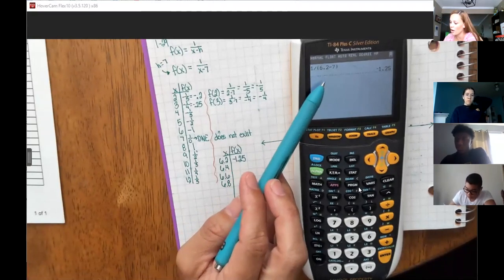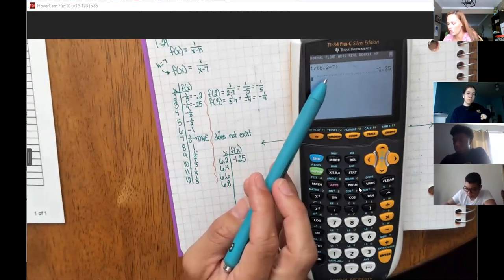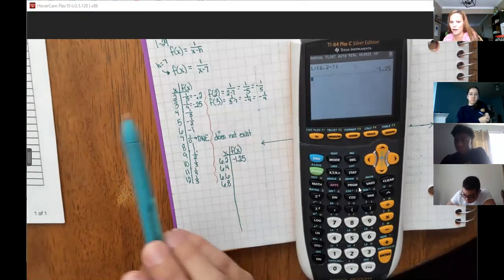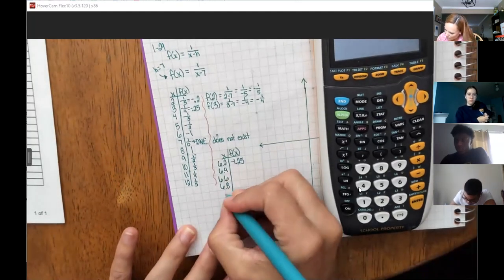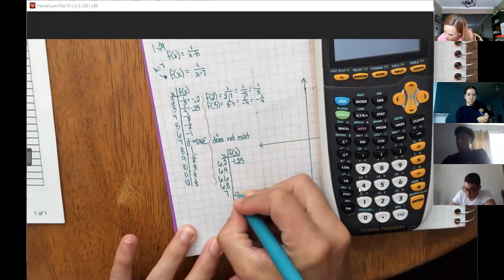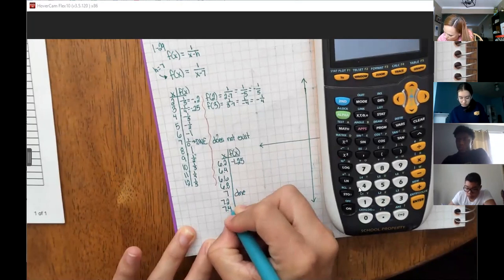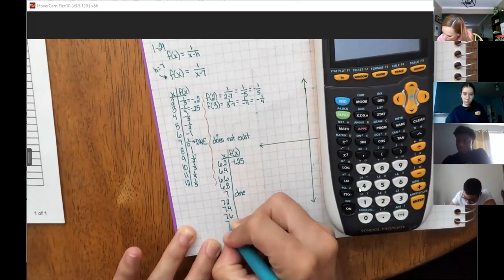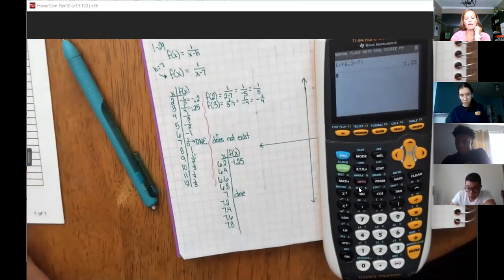I could have done the denominator separately: 6.2 minus 7 is negative 0.8, and then 1 divided by negative 0.8. But we already know 7 does not exist. So go ahead, try to finish filling in that table.